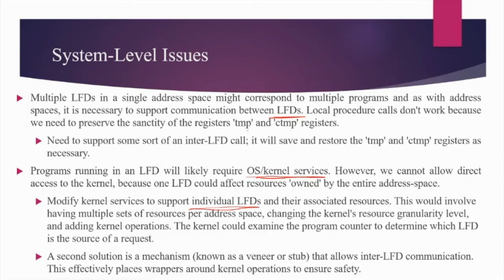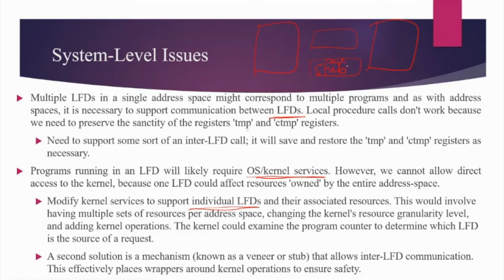The second solution is known as a veneer or stub. What do we mean by veneer or stub? It allows inter-LFD communication. Suppose these are two LFDs. We may have some sort of stub, a call stub.